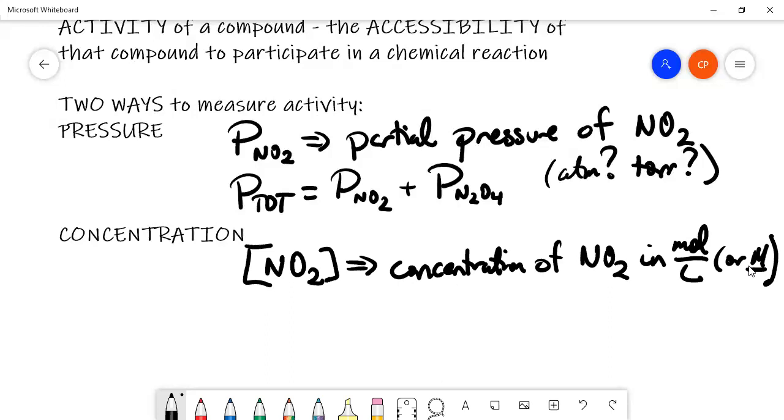That's the number of moles of NO2 per liter of container. Or alternately, that's the number of moles of sodium ions per liter of solution. Okay?